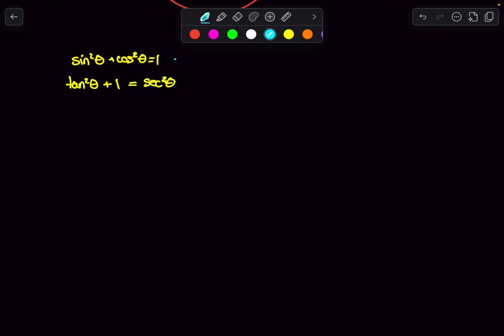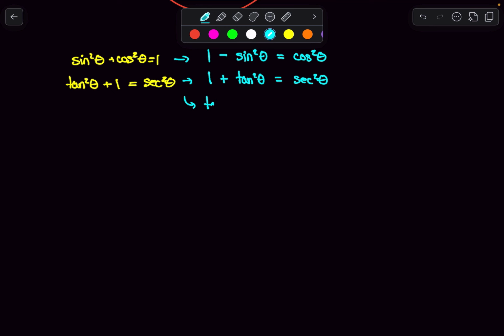The one thing that I want to point out is that this top identity becomes number minus something squared is equal to a useful trig function, right? And this one is already in the form, except we have 1 plus something squared is equal to a useful trig function. I could have written the second one just as I had it before.